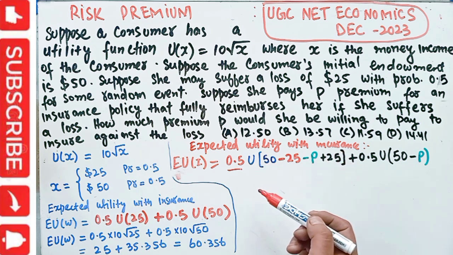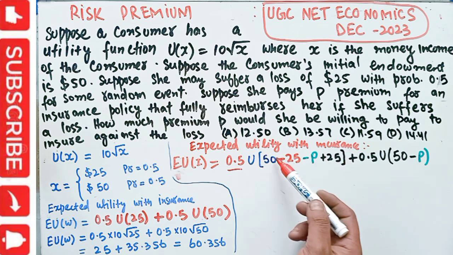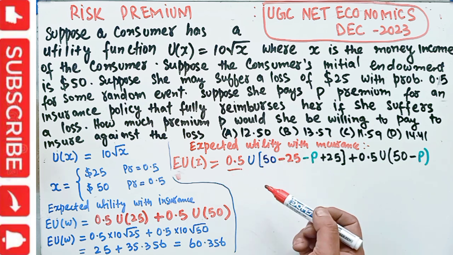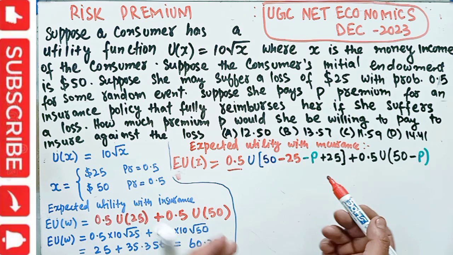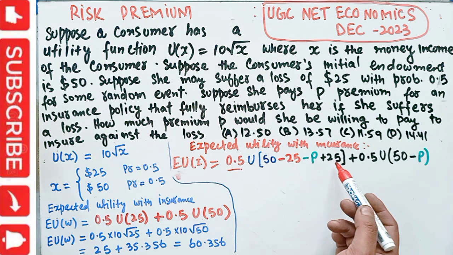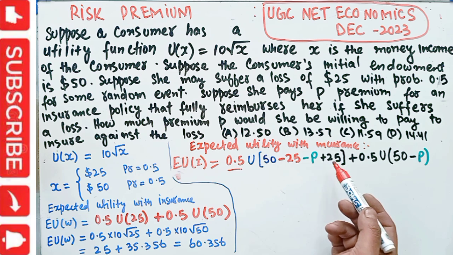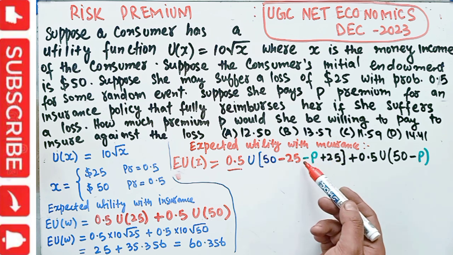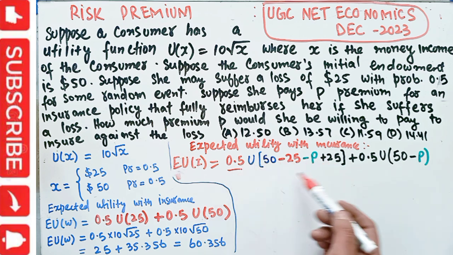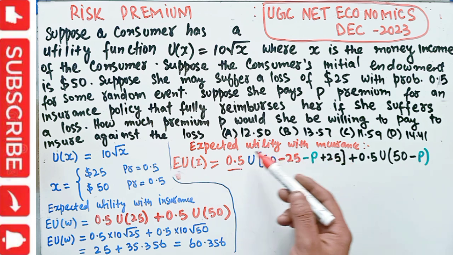What will the utility be? It will be equal to the initial wealth of the consumer minus the loss she suffers minus the premium she will pay plus $25, which means the loss is being compensated, by paying a premium of P. So this denotes if something bad happens.